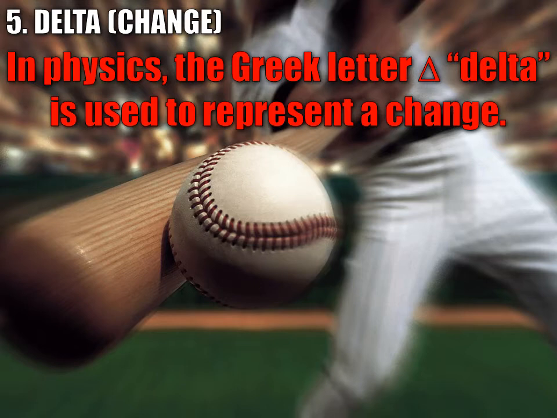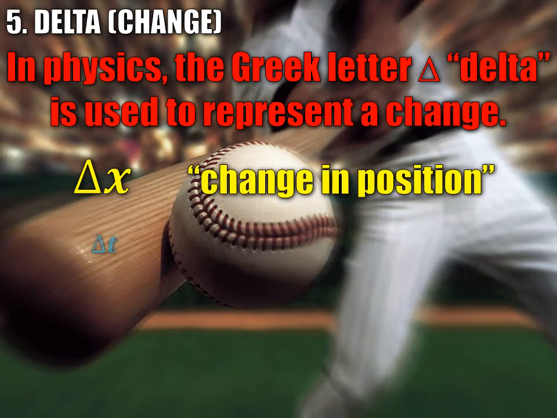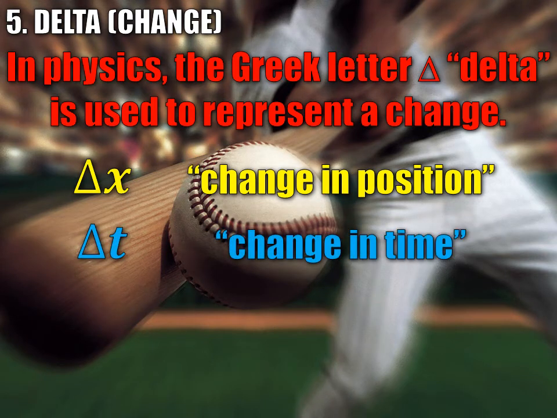So the Greek letter delta is used to represent a change. So the way we use this symbol is you can write delta, any symbol for a physical quantity, and it represents the change in that physical quantity. So for example, delta x would be the change in position. Delta t would be the change in time. So what would delta m signify?